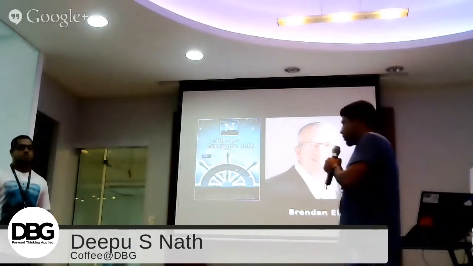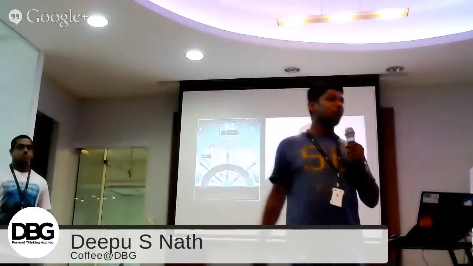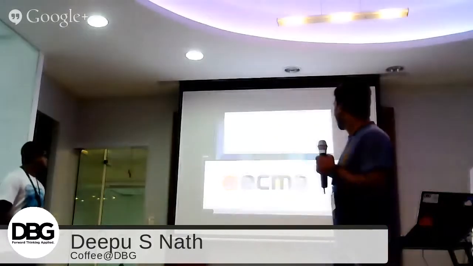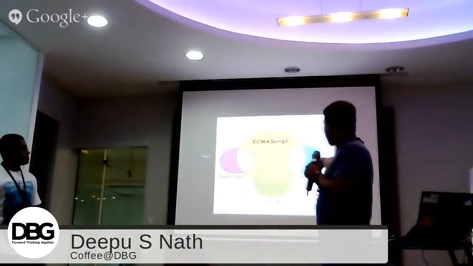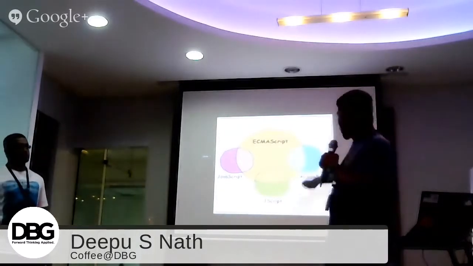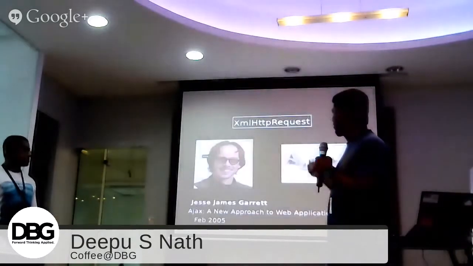It is Brendan Eich. It was changed to LiveScript, and later it was renamed JavaScript just for popularity. And later it got standardized by ECMA as ECMAScript. JScript, ActionScript, JavaScript, etc. are all standardized based on ECMAScript. And right now we have ECMAScript 5.1, right?